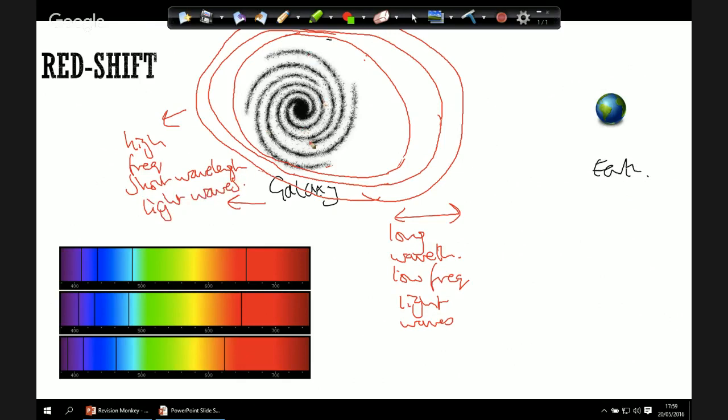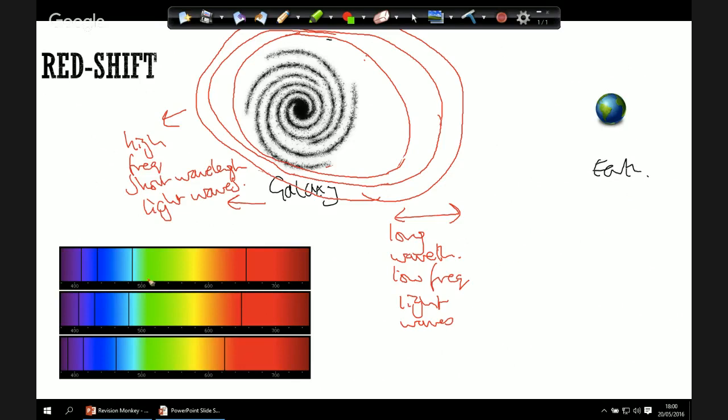Okay, so this galaxy is producing light in all directions, but because it's moving, we're getting a different picture from if we were to look at it from behind as if we were to look at it from the front. And what that means is that on Earth, the light that those galaxies are showing appears to be a little bit red, and it's shifted into the red end of the visible light spectrum.